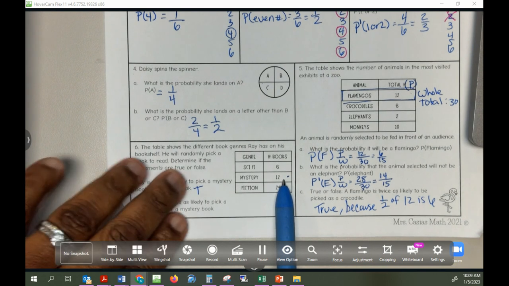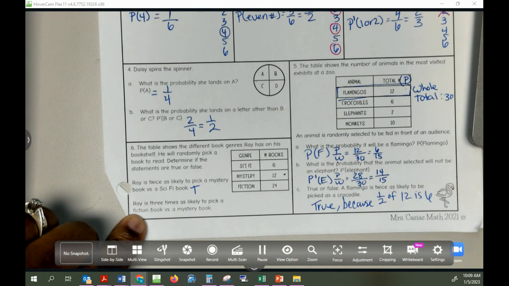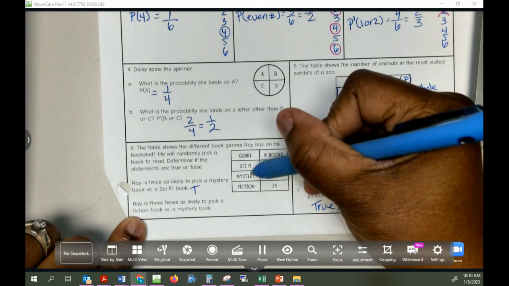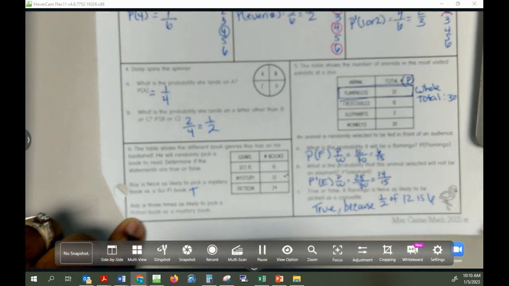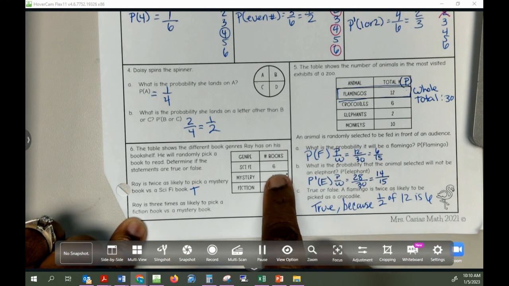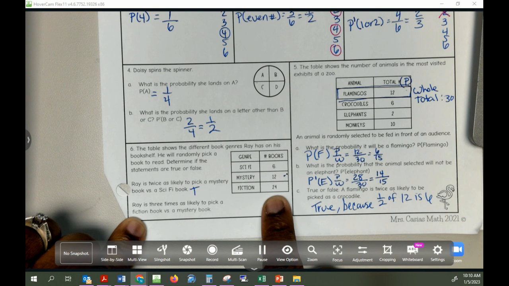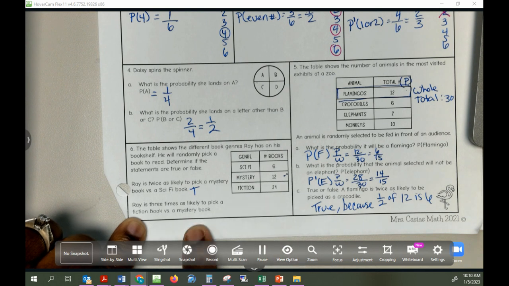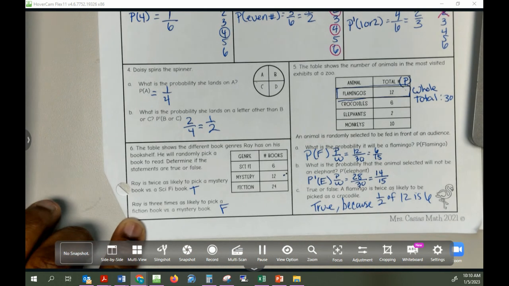I want you to get this because you wanted to answer a question. So if mystery is 12, right? And they tell me fiction is 3 times that. So what's 12 times 3? 36. So is fiction 36? No, it's not. So is this true or false? False. Good job.